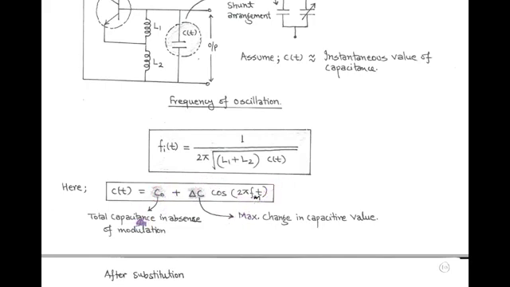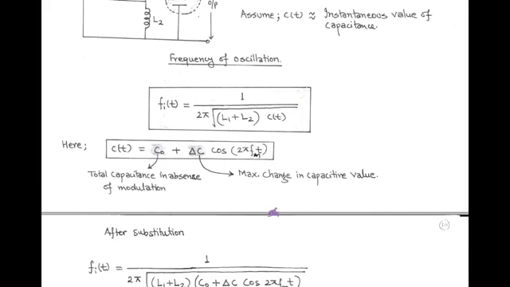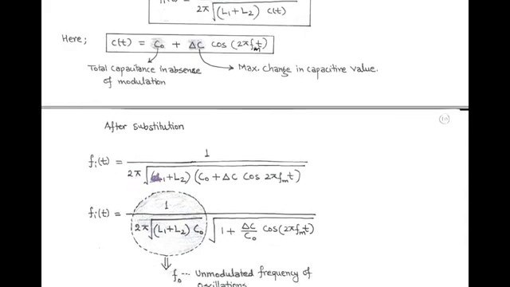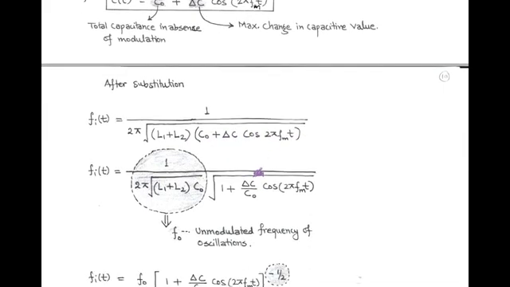Here C0 is the total capacitance in absence of modulation and delta C is the maximum change in capacitive value after modulation. Now substituting instantaneous capacitance in the formula of instantaneous frequency, that is called frequency of oscillation. So instantaneous frequency equals 1 upon 2 pi under root L1 plus L2 into C0 plus delta C cos 2 pi fm t.